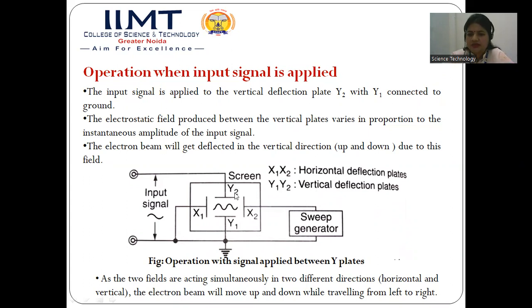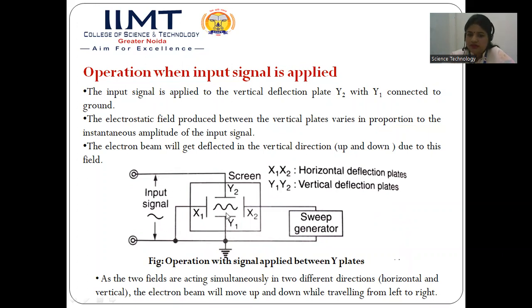The vertical deflection plates are represented by Y2 and Y1, and the horizontal plates are represented by X1 and X2. Whenever the input signal is applied between these vertical plates, an electrostatic field will be produced between them, which will vary in proportion to the instantaneous amplitude of the input signal.